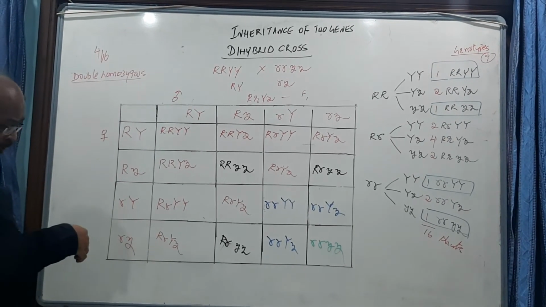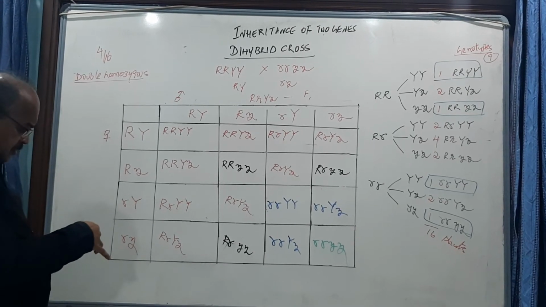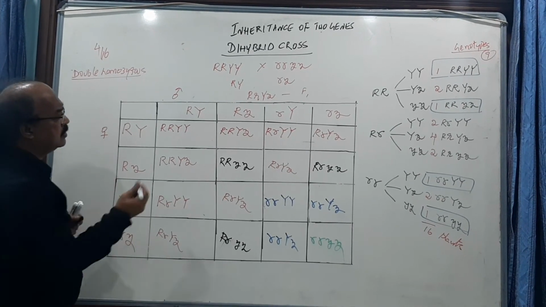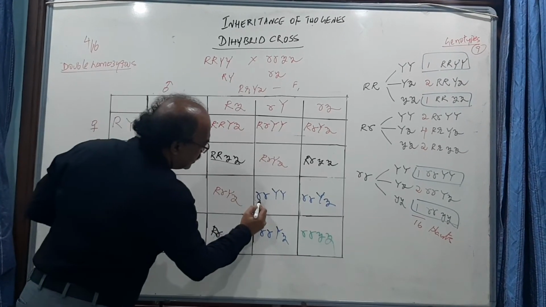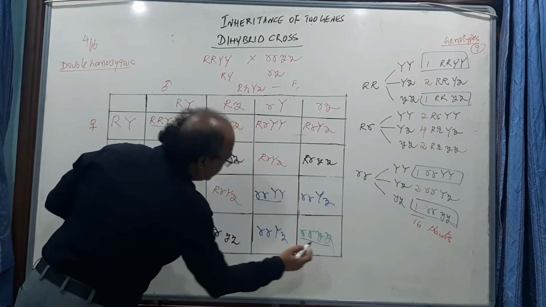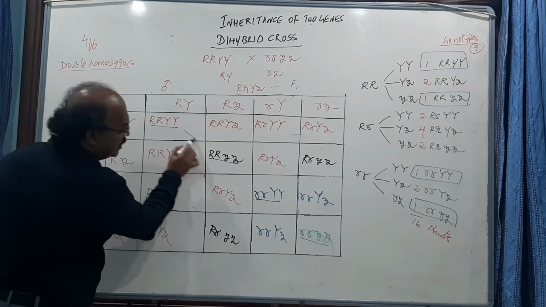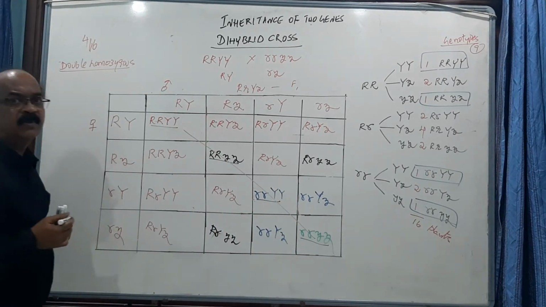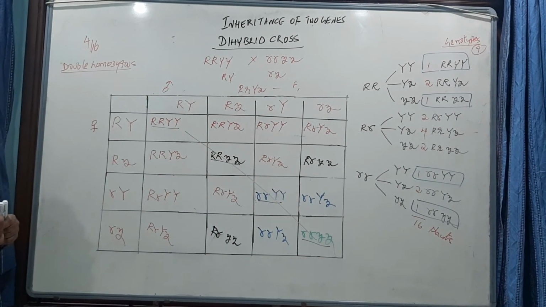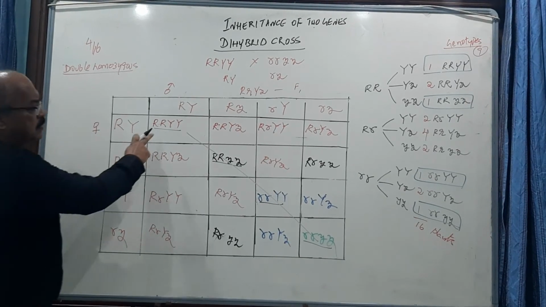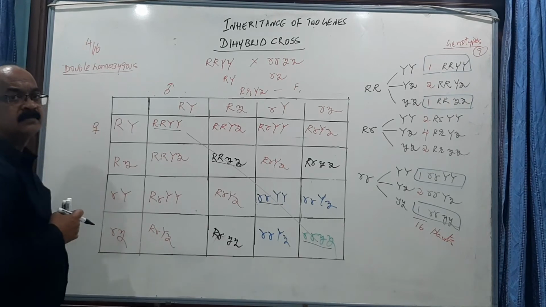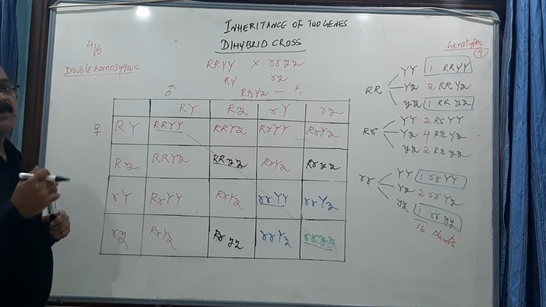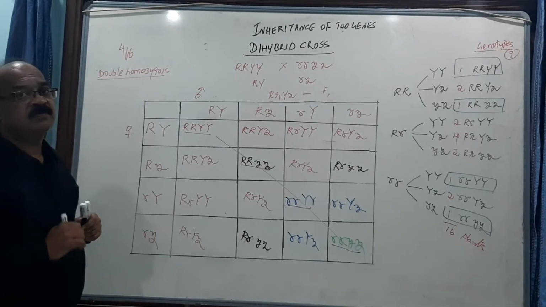In this board, these 4 are double homozygous. How many double homozygous genotypes are there? 4.